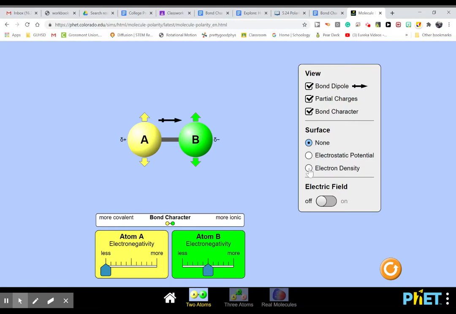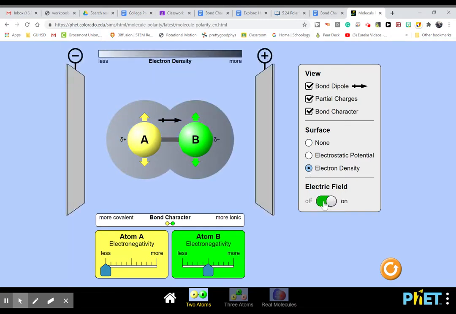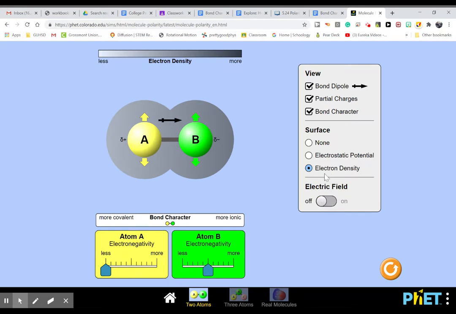What I like to do is I like to see my electron density. Some people like to see the electric field and see what happens there, but I really like to see the electron density, and electron density is right up here. Okay. And so as I change my electronegativity of atom A to more or less, what is going to happen with my bond character?